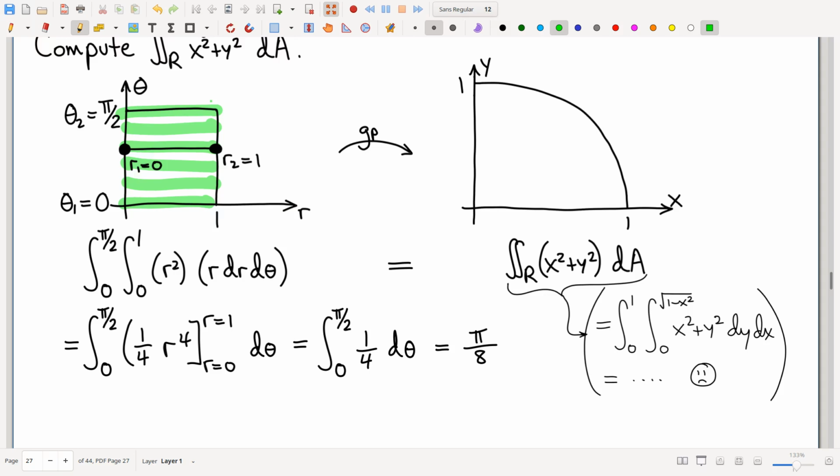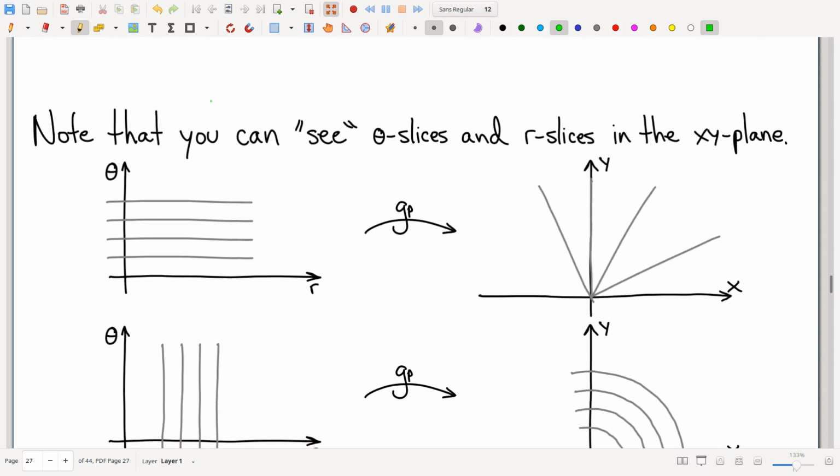Now, why do I want to make that distinction? Because the good news is these theta slices, you can see them in XY space. Each one of these slices just represents a constant value of theta. Like this slice down here, that's just theta equals 0. This slice right here, that's just theta equals some slightly larger value. Each one of those theta slices, in the XY world, looks something like this.